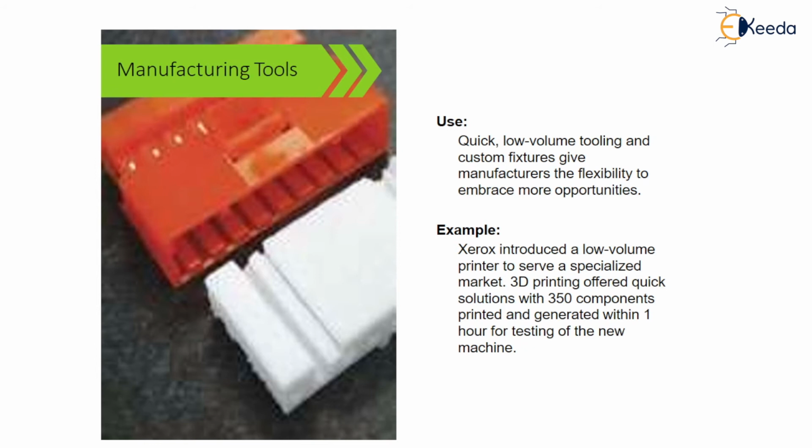So manufacturing tools are also built by using the 3D printing approach, and those are used in the manufacturing sector for making fixtures and jigs. So this low volume tooling is also very important.